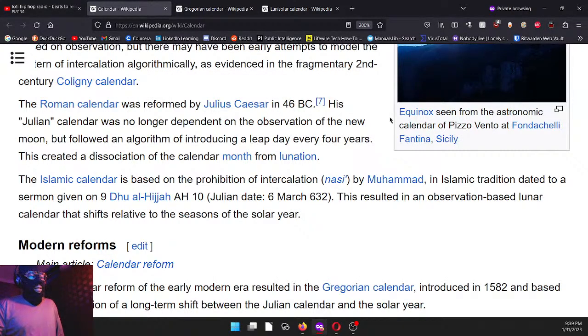The Islamic calendar is based on the prohibition of intercalation, Nasi, by Muhammad, an Islamic tradition dated to a sermon given on 9th Dhu al-Hijjah, AH 10, Julian date 6 March 632. This resulted in an observation-based lunar calendar that shifts relative to the seasons of the solar year.